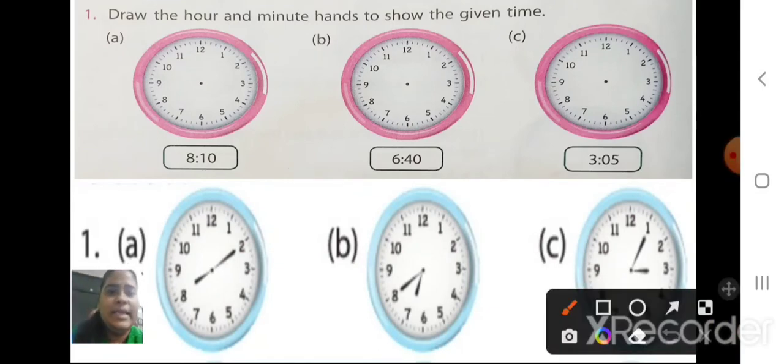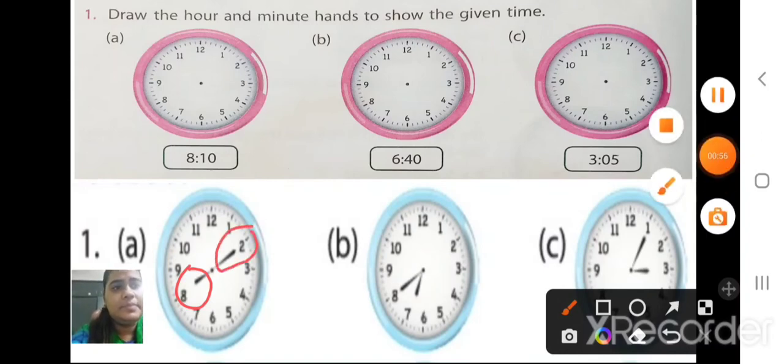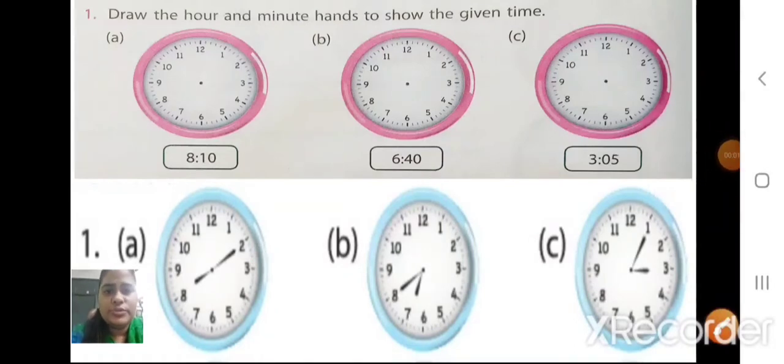See children, 8:10. So the small hand will be on 8 here, and the minute hand will be on 2 because it is 10 minutes. Children, you are going to use a scale and pencil and draw it neatly in your notebook. Next is 6:40. So that means 6 hours have passed and 40 minutes are also over.